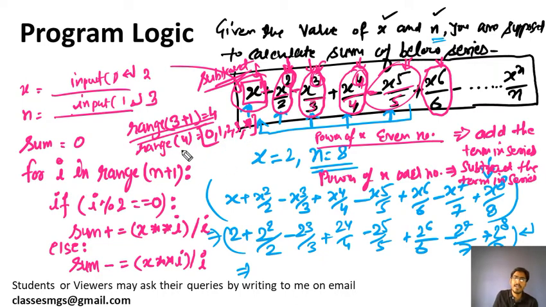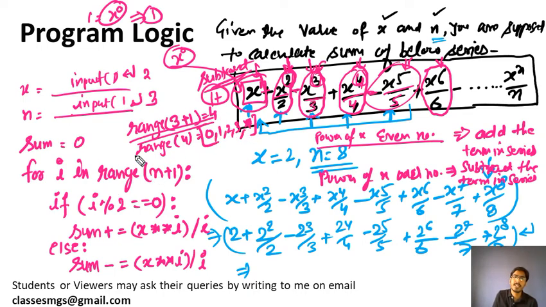So what we are noticing is that x raised to power 0 is not needed here, because this series is not starting with 1 plus. The 1 can be created by x raised to power 0, because any value raised to power 0 is always 1. That's why in the previous program 1 plus was the start of the series, and that's why we started this range function with 0 to n.